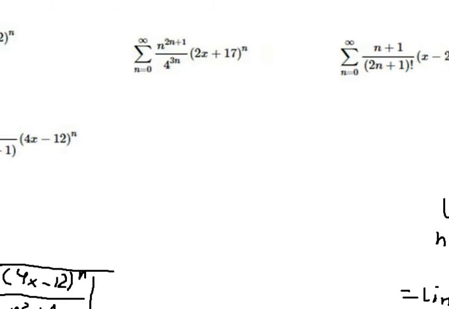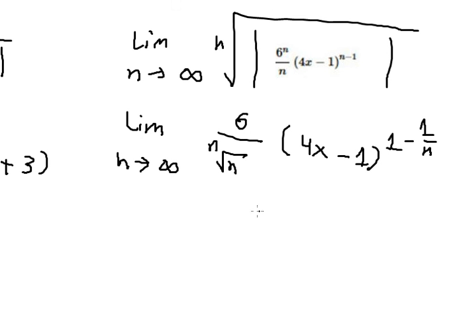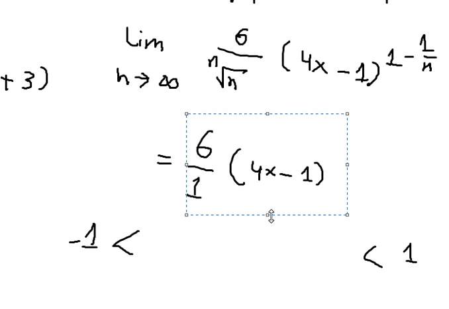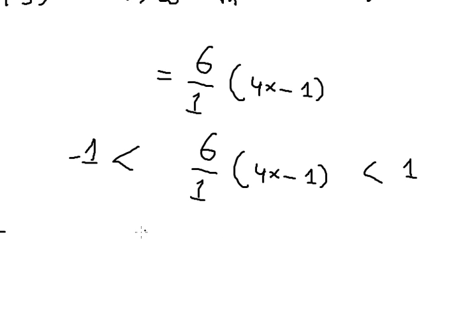So this one you get about 1 when n approaches positive infinity. If we simplify, you get like this. This one goes to 0, and this one is between negative 1 and positive 1. So we divide both sides by 6.